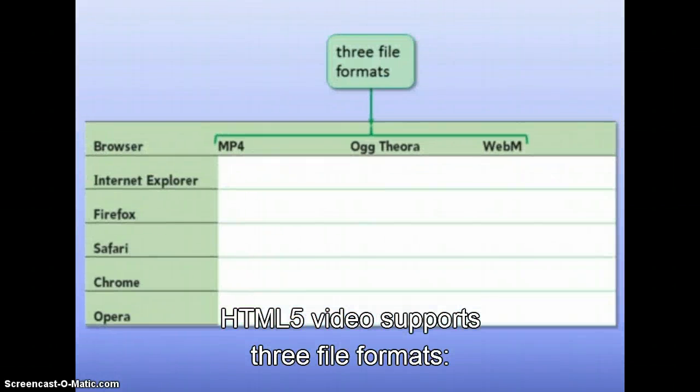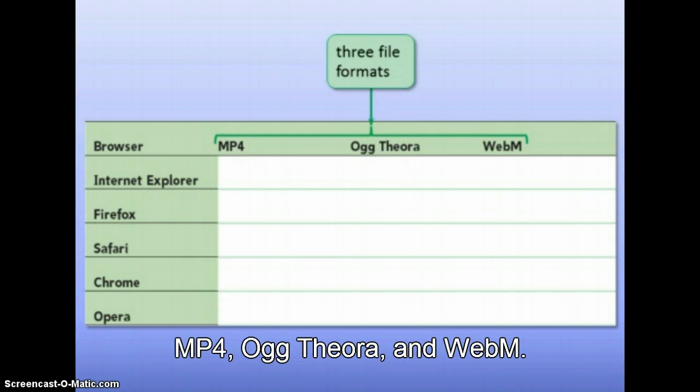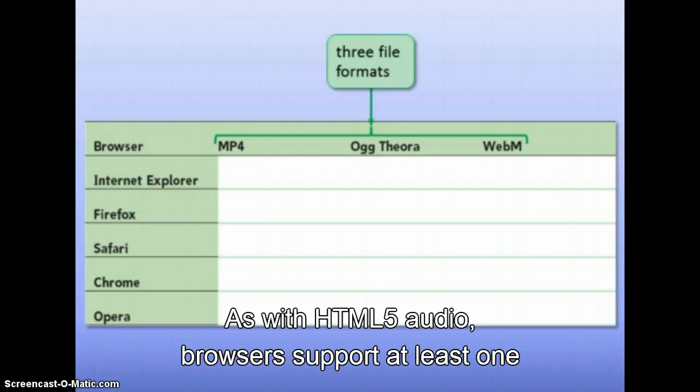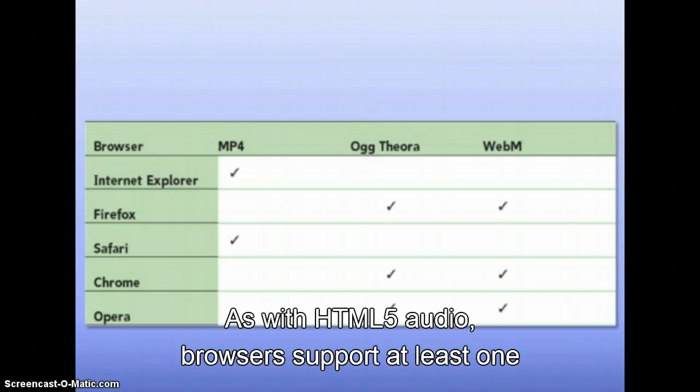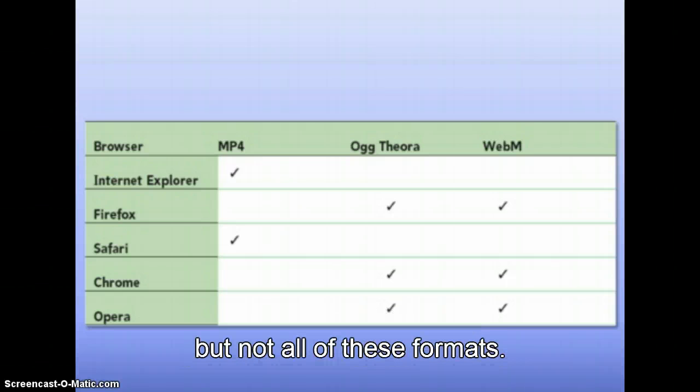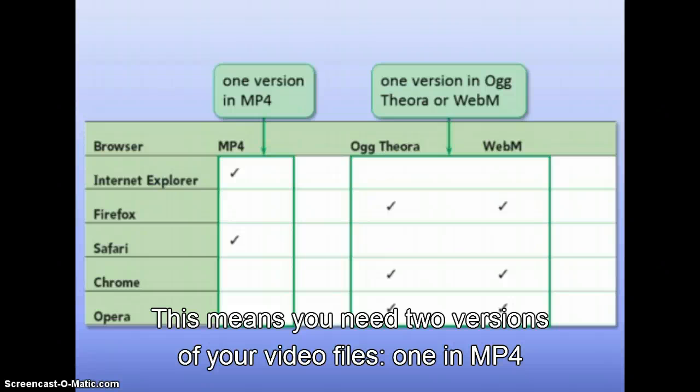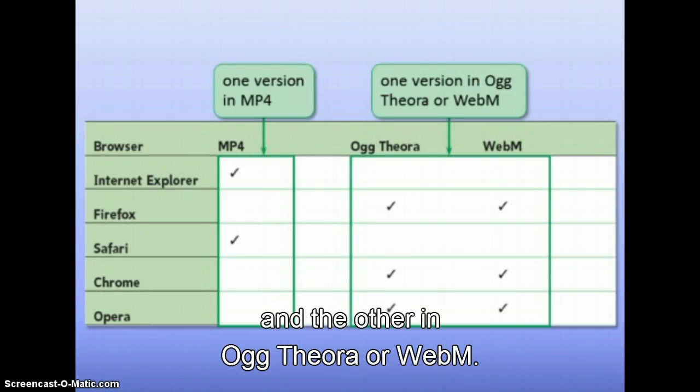HTML5 video supports 3 file formats: MP4, Ogg Theora, and WebM. As with HTML5 audio, browsers support at least one, but not all of these formats. This means you need 2 versions of your video files, one in MP4 and the other in Ogg Theora or WebM.